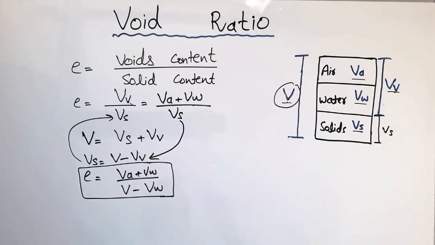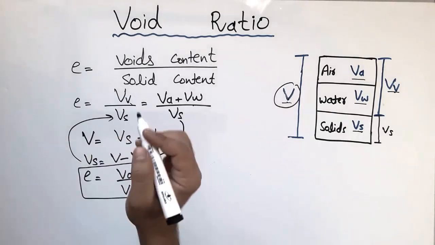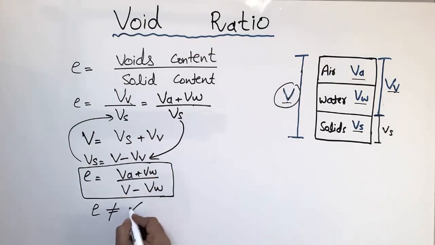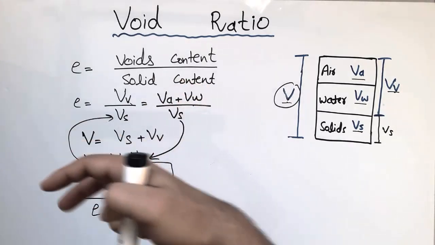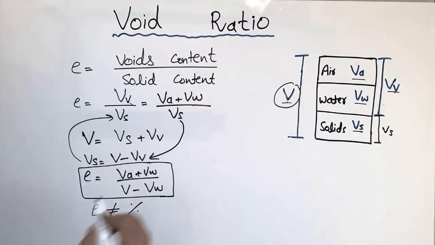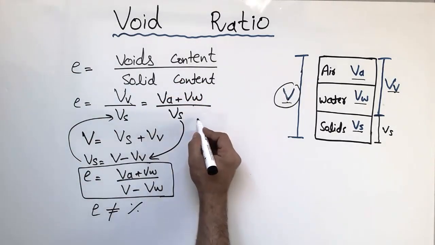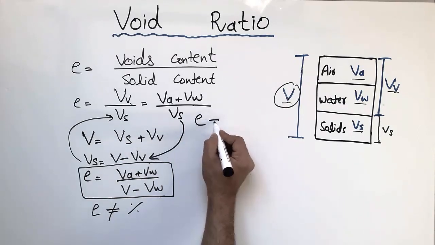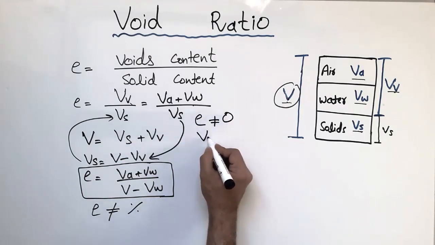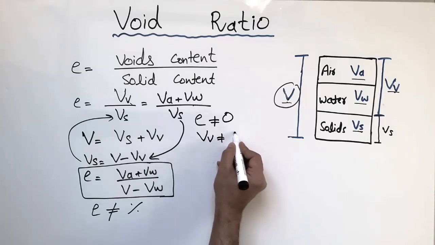And it should also be kept in mind that the void ratio is not the same as the porosity, which can be expressed in percentage. The void ratio cannot be expressed in percentage, but it is the ratio of the two volumes, which are the voids and the solids. The other important thing is that the void ratio can never be equal to 0, because the volume of the voids in the soil can never be equal to 0.